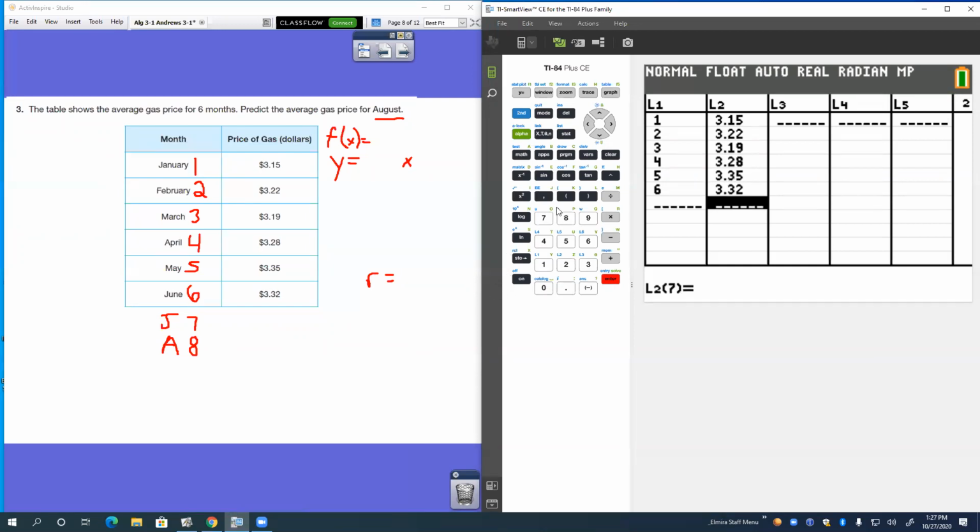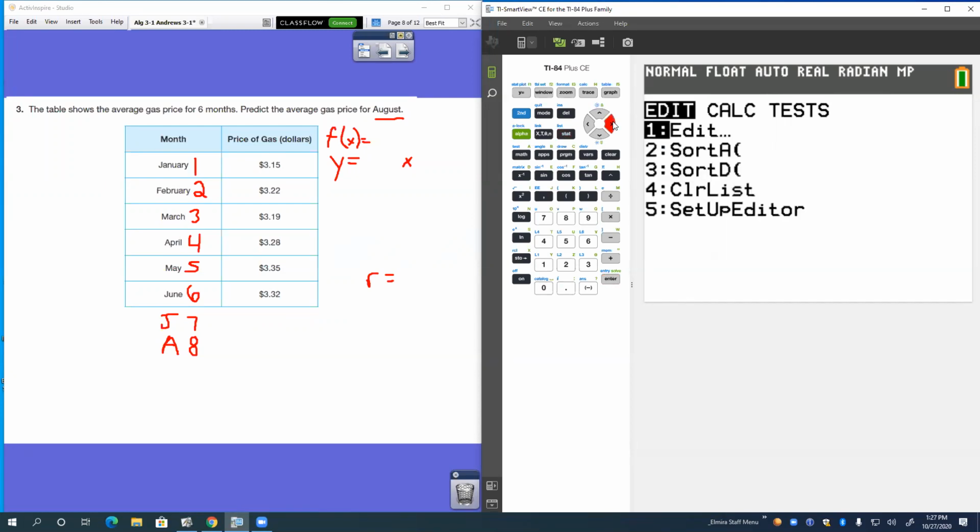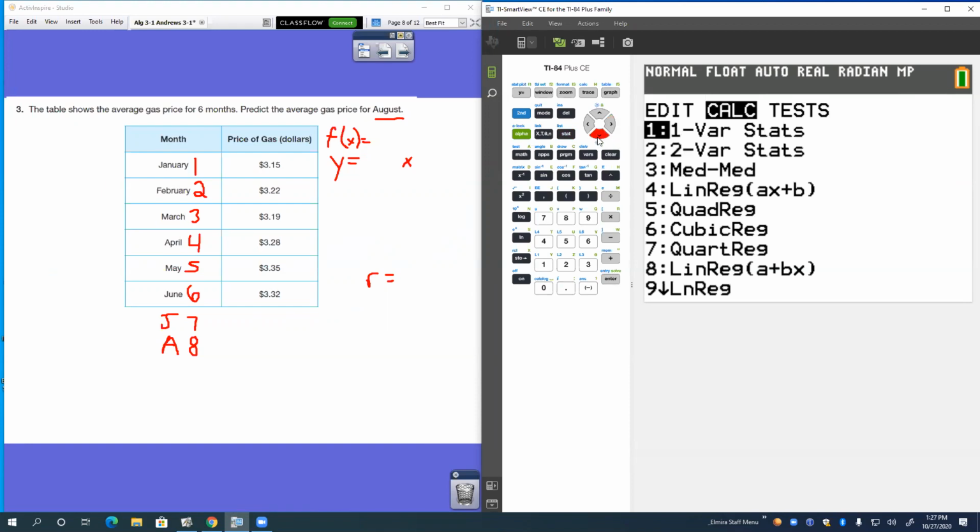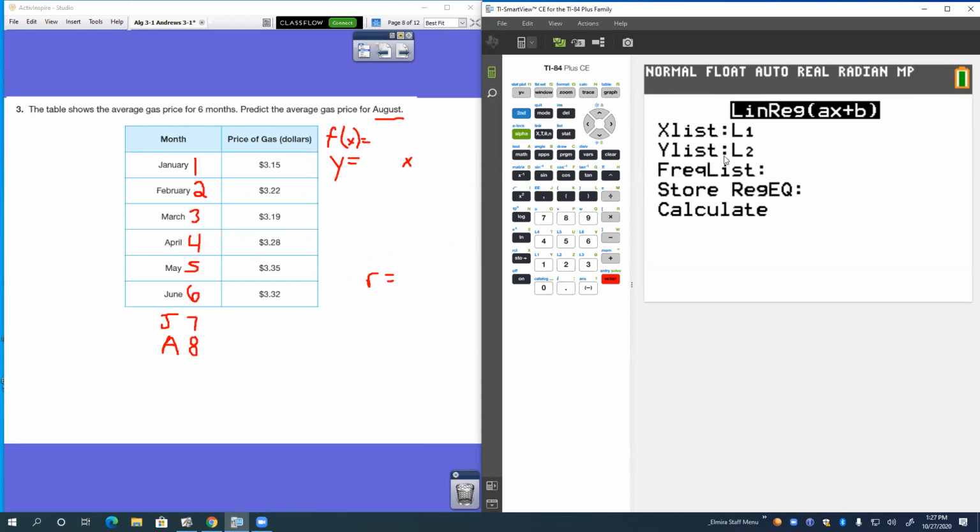So now that we have those typed in, we want to go to stat and calc. So stat, calc, we want number 4, which is our linear regression. It's asking you, do you want to use L1 and L2? Yes, we do. We didn't change those at all.